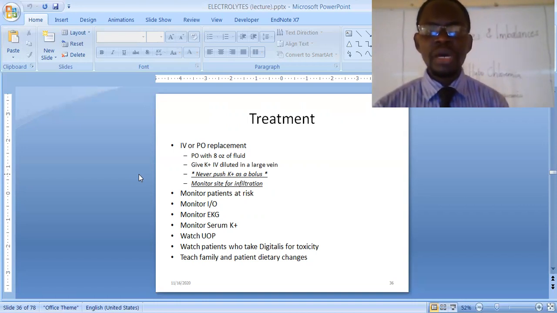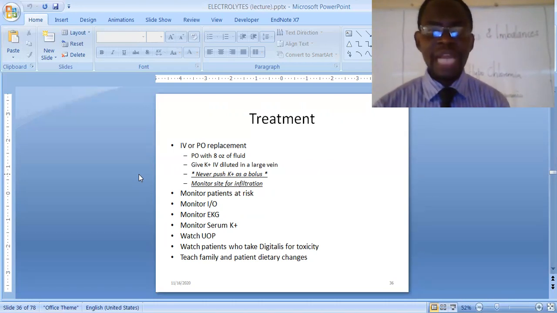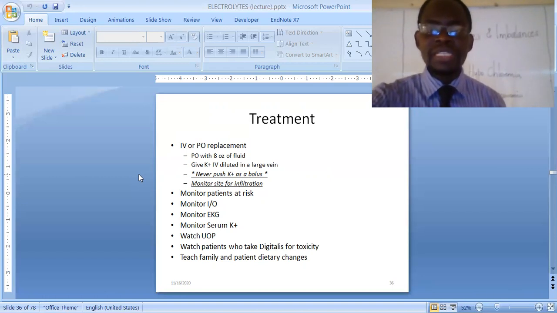Monitor patients who are at risk, monitor input and output, monitor the electrocardiogram. In case you see any abnormal activities of the heart, you have to put the patient on a cardiac monitor, what we refer to as the EKG.